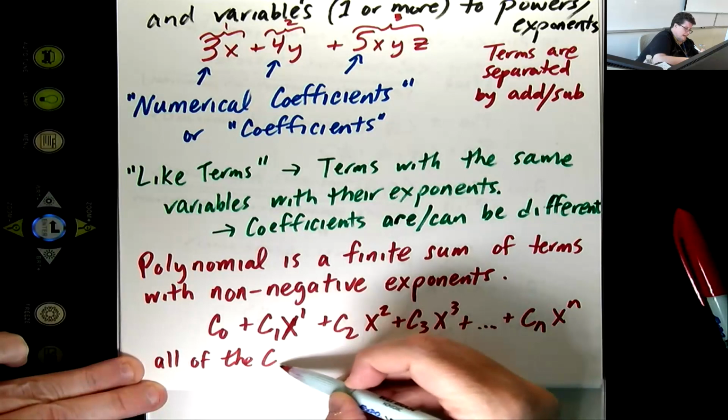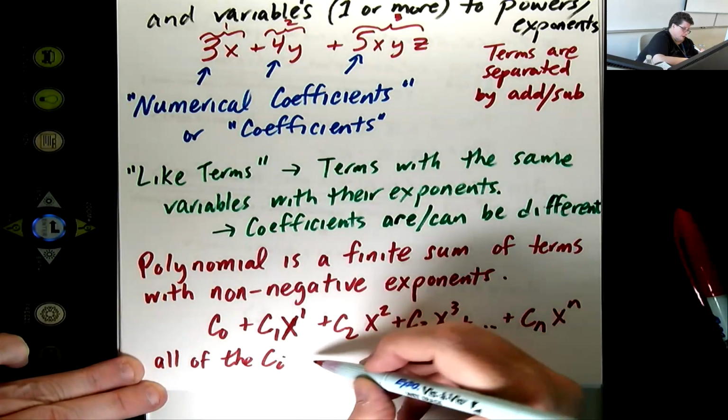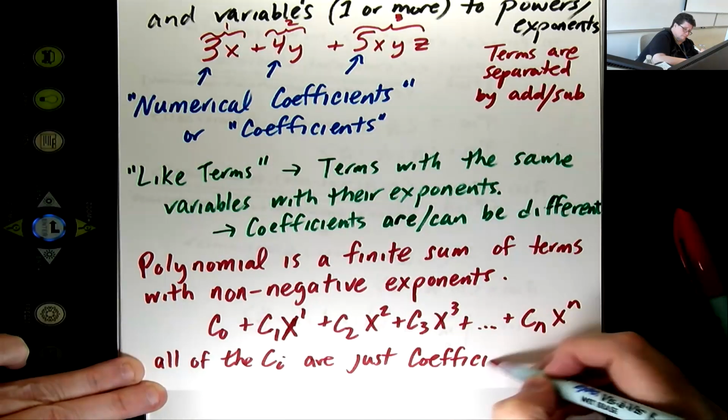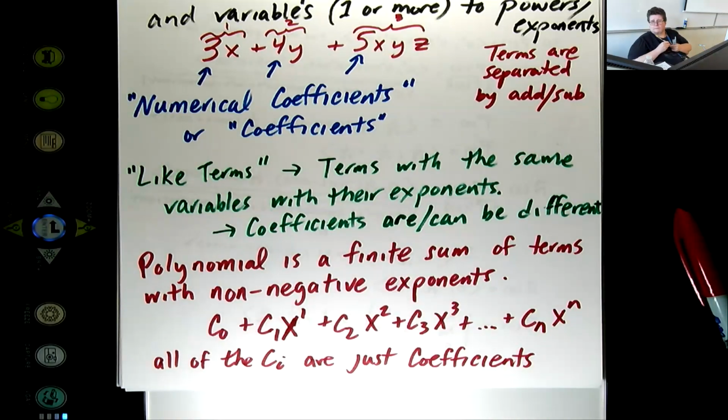All of the c sub i are just the coefficients. As you go through mathematics, you'll see this i a lot. It's called the index. I'm not going to use it for a while, so I'll mention it again when I bring it up. It's a way of saying a bunch of these are similar, but slightly different. They're dependent on the position. And the only reason we started with c0 is because we kept it so that the number matched the exponent.